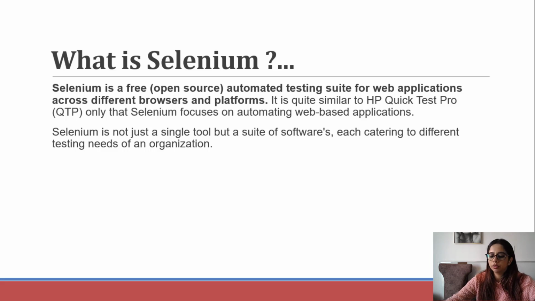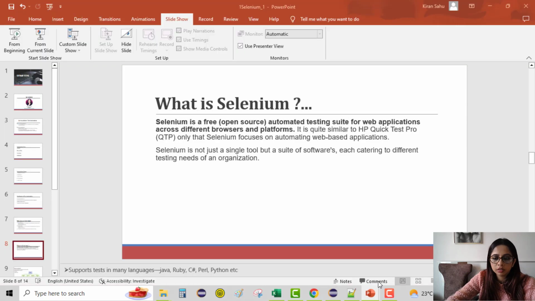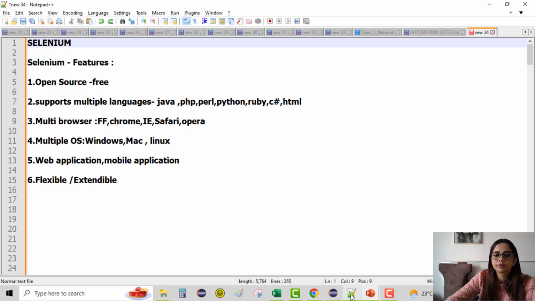Now, if we just quickly see what features are there in Selenium, we'll quickly go to these notes. The first pointer I already discussed. It is an open source free tool. Anybody can use it. There is a need for an editor and the language. We'll discuss how to configure Selenium and use it on our machine, but let's first learn about the features. So it's open source. Then it supports multiple languages, like Java, PHP, Perl, Python, Ruby, C#, HTML.